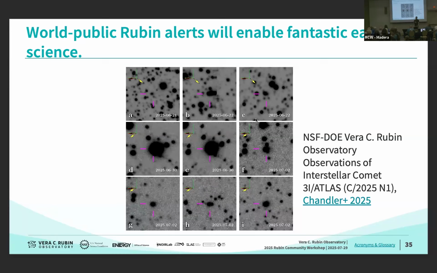This really highlights for us that the data are capable of enabling that early science already. And so the alert stream in particular is the way we want to start this discovery process and make it publicly available.